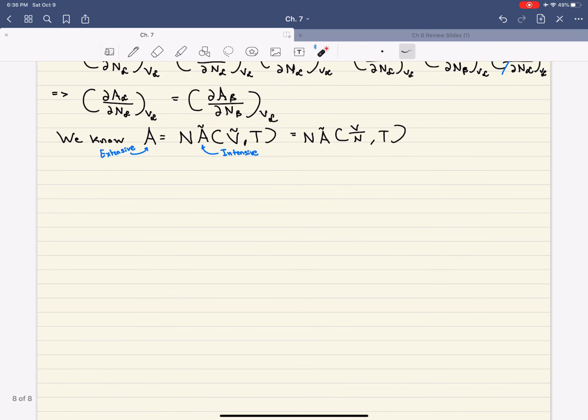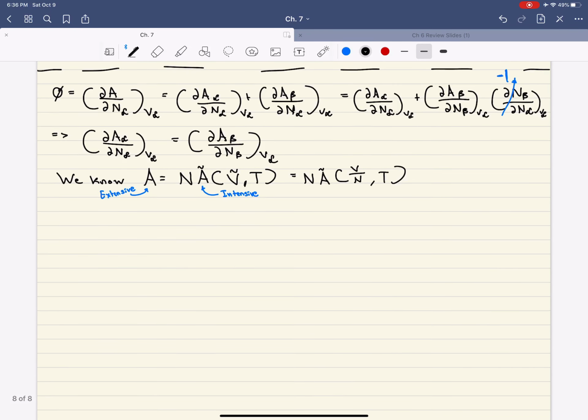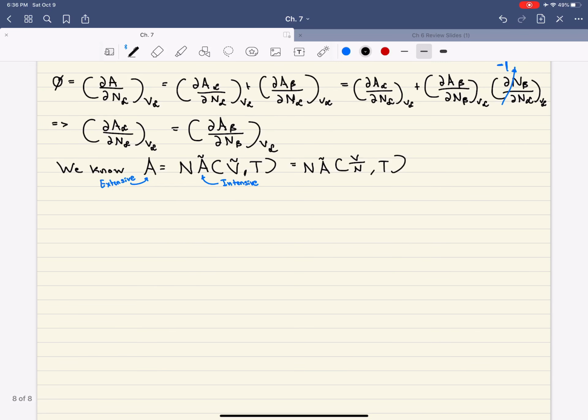And so, this is our Helmholtz equation. And so, if we take the partial derivative of A extensive with respect to N, so N total, at constant volume, what we need to do is apply the chain rule, right? And so what we do is we first take the derivative of N and then multiply by A squiggly. And the derivative of N with respect to N is just 1, so that term is A squiggly.